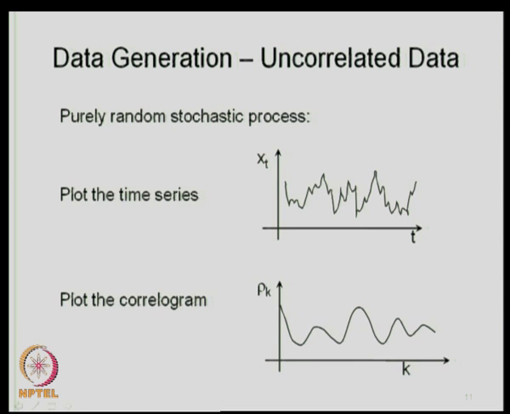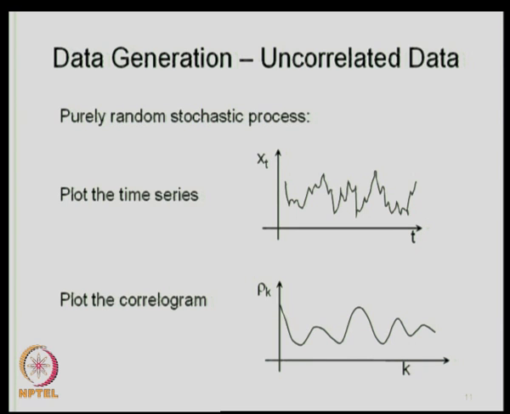If you have data which are uncorrelated, which means let us say you plot the correlogram rho k versus k, and all the correlations that you are seeing for k not equal to 0, they are all statistically insignificant, then the data is uncorrelated.